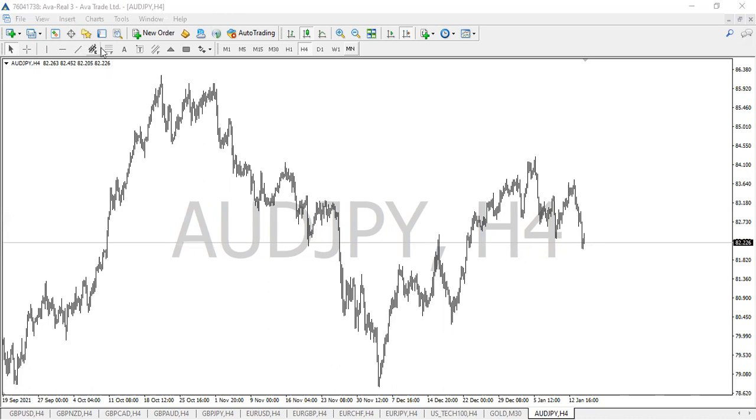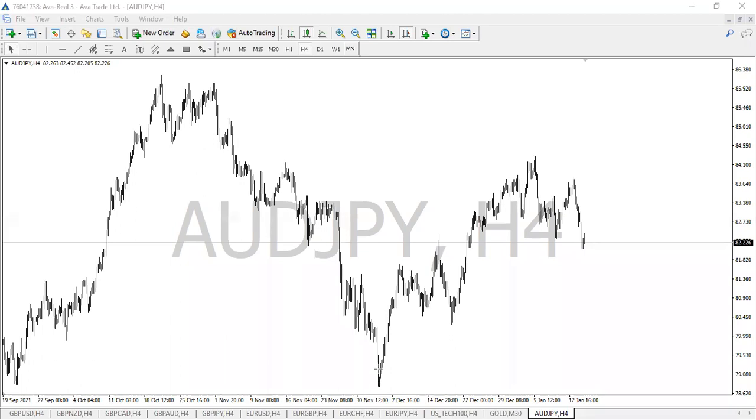Again, I start with a channel, and when I'm drawing my channel, I look for my two obvious points. And another thing, you need to look at the trend. Where is the trend going? If you look at AUDJPY, you will notice that it had this point and this point, which makes a trend.